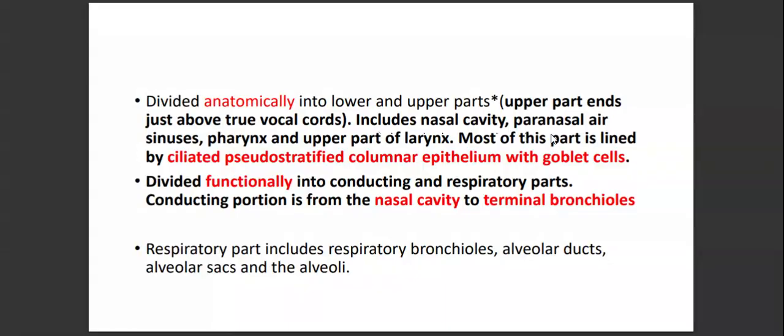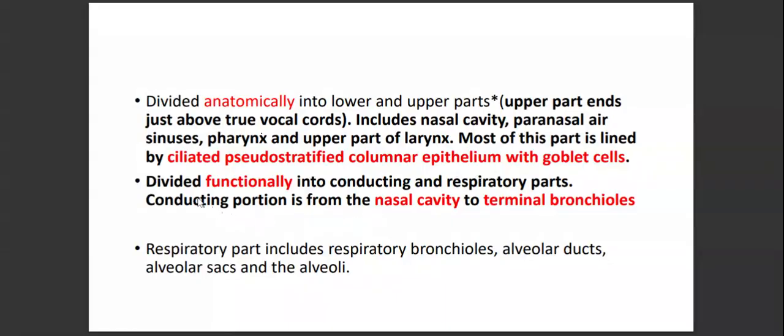Most of this part is lined by the pseudostratified columnar epithelium or the respiratory epithelium, which is ciliated. I say most of this system is lined by ciliated pseudostratified columnar epithelium with goblet cells.